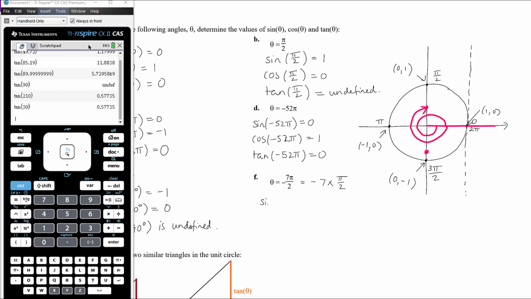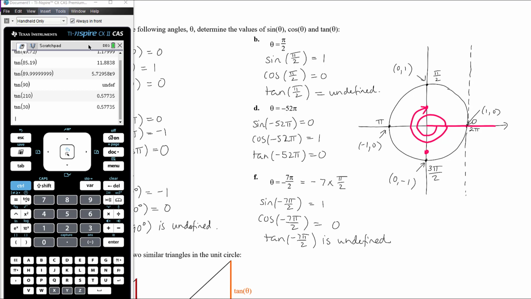Therefore sine of -7 pi on 2 is the y-coordinate at that point, which is 1. Cosine of -7 pi on 2 is the x-coordinate at that point, which is 0. And tan of -7 pi on 2, again we've got this issue with it being parallel to the tangent, and so it is undefined.